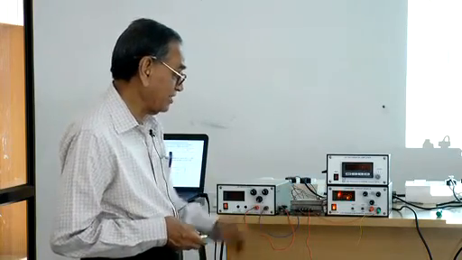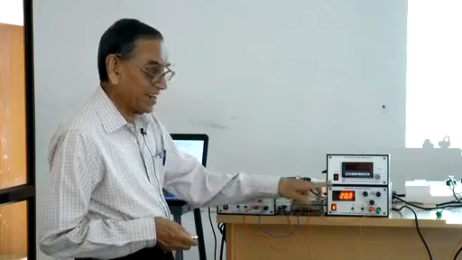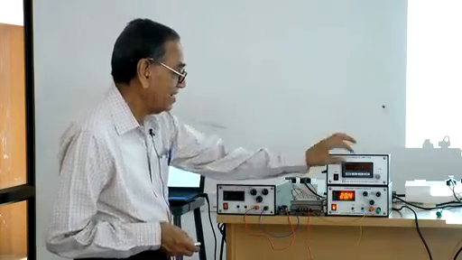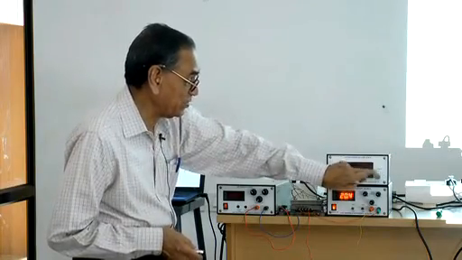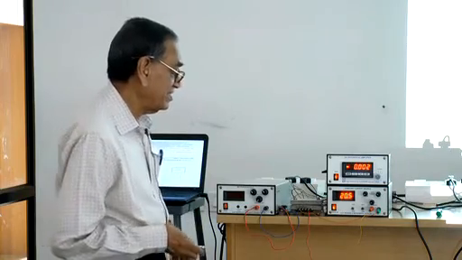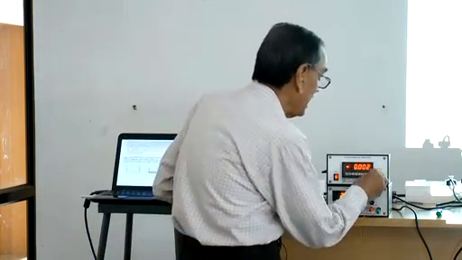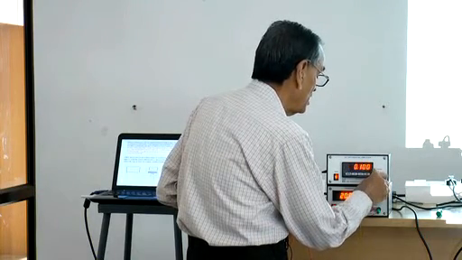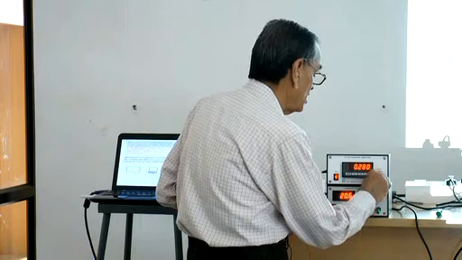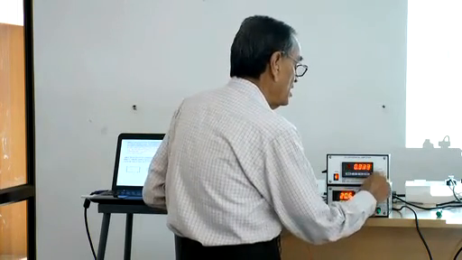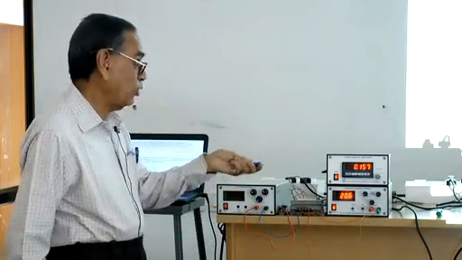So I switch on a current of about 20 milliamperes. I turn this switch to channel 1. The differential amplifier measures the voltage across the sample.